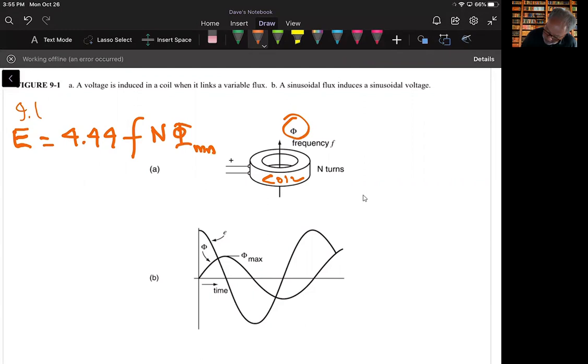And this is actually peak flux, and we'll come up with the reasons why we use peak flux in just a second.